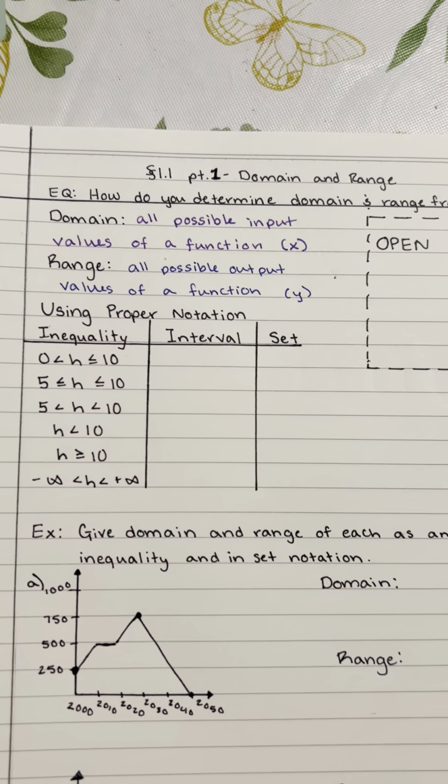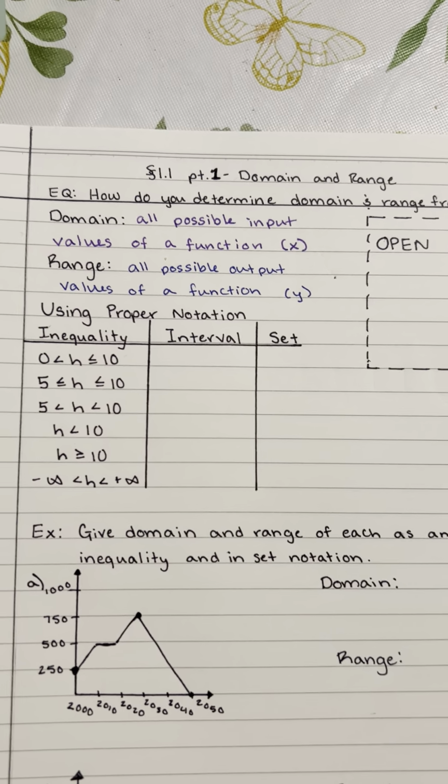All right, so then now we're going to talk about open and closed because we're going to specifically focus on graphs today. And so some things to note about notation is that we have different symbols that recognize whether an interval is open or closed.